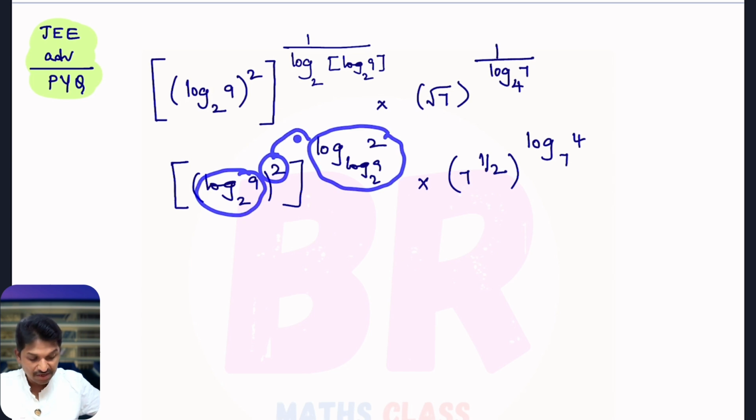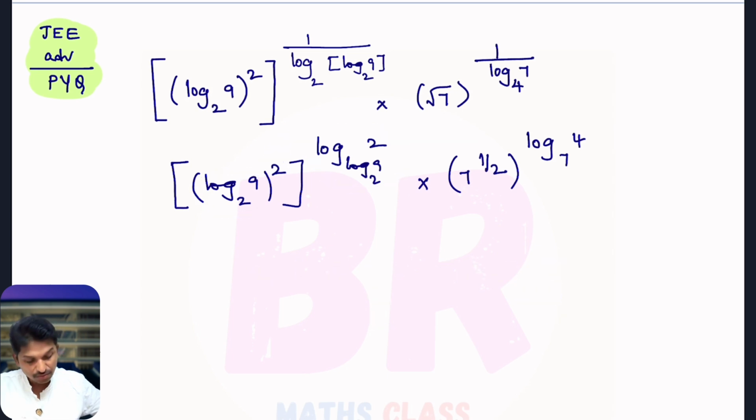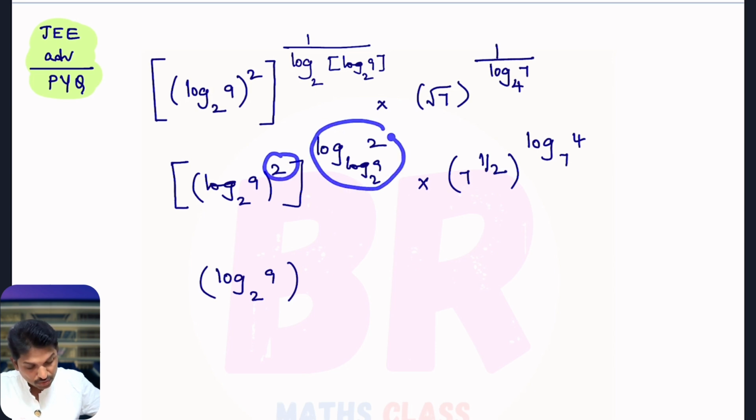So when you multiply these two, this will become 2 into logarithm of 2 into log 9 base 2. Okay. So what will this become? This will become log 4 base log 9 base 2, right? So log 9 base 2 whole power 2 into this.